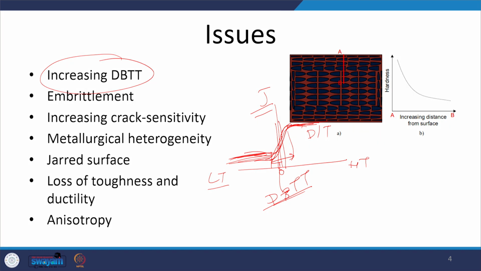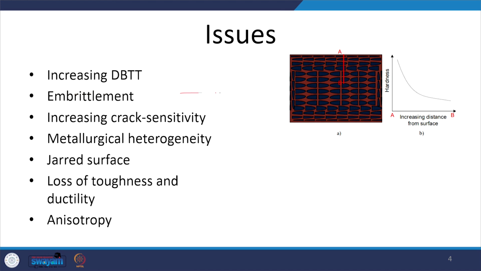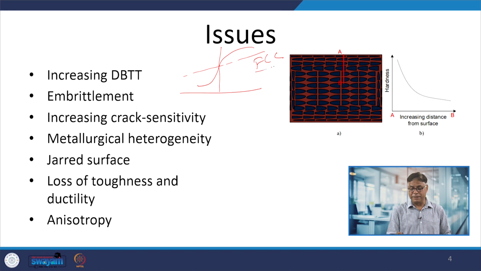There are multiple aspects which will affect this trend of variation, because for some metals this trend is very sharp and for some it goes very gradually. Most of the FCC metals experience the gradual drop, while BCC metals experience the sharp drop in toughness with the drop in temperature, especially across this ductile to brittle transition temperature.